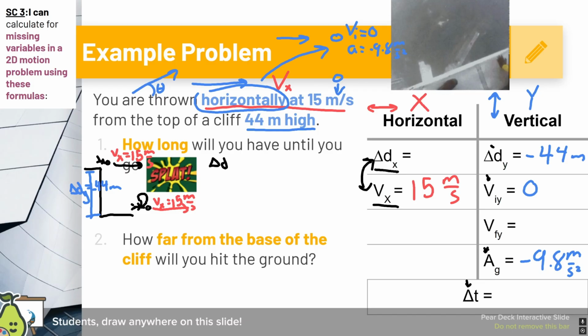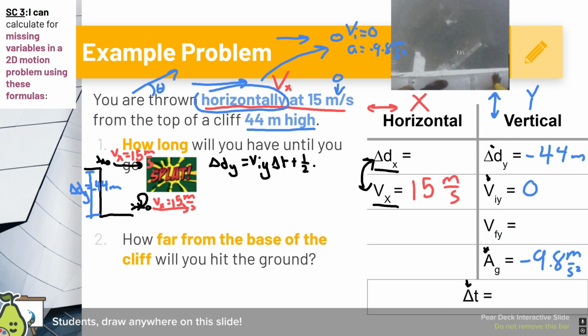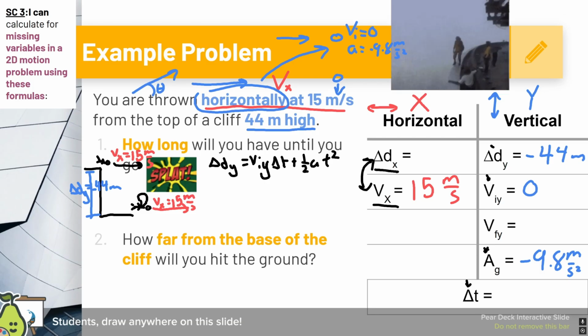It's only one formula. It is the displacement formula. Now, when you do these things, don't feel pressured into writing Viy, whatever, all of that. Instead, just write out as normal.